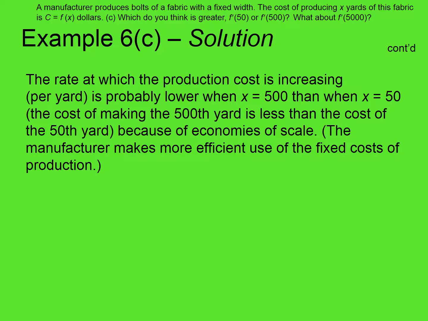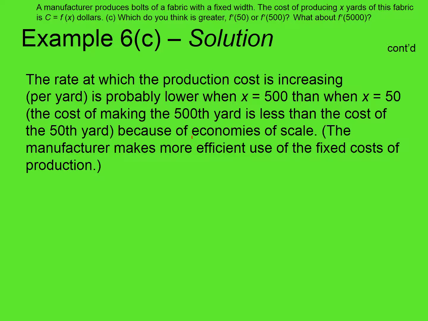This is where some experience can help you if you have any experience in a situation like this. Otherwise, it's not really obvious why the answer is what we think it is. The rate at which the production cost is increasing per yard is probably lower when x equals 500 than when x equals 50. The cost of making the 500th yard is less than the cost of making the 50th yard because of economies of scale.